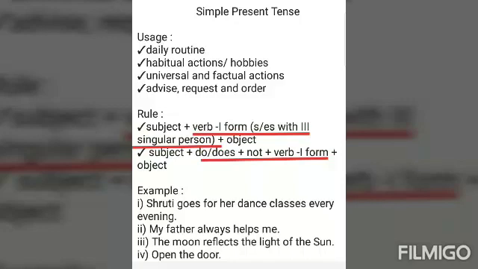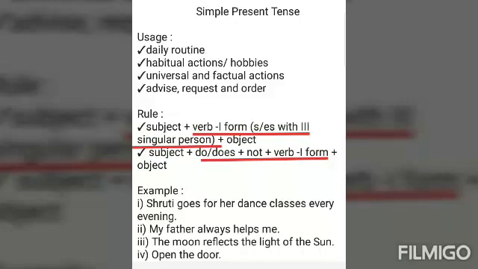and for negative we'll use subject plus do or does plus not plus verb first form plus object. This is the rule for your simple present tense. If you observe, in the simple sentence formation we have used verb first form only, and whenever we have third singular person, that is he, she, it or any name, then we will use S/ES with the given verb.